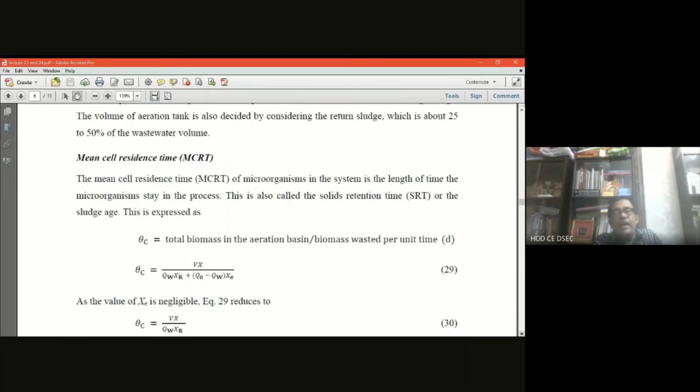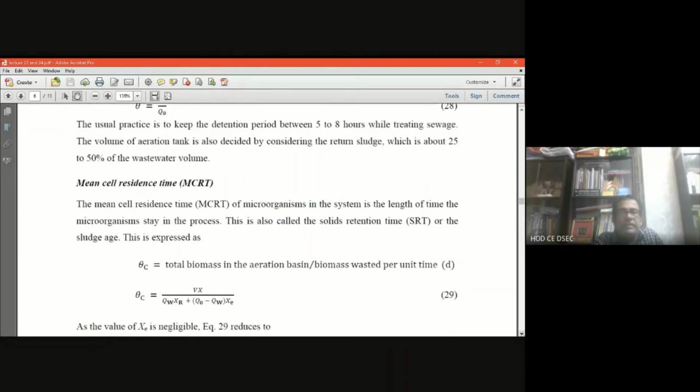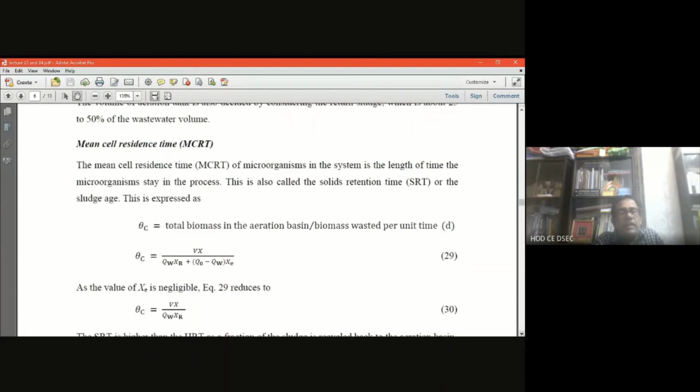So that means 5 to 8 hours are taken to fill the tank. That signifies this. Mean cell residence time, MCRT, or the solid retention time, SRT, are the same.